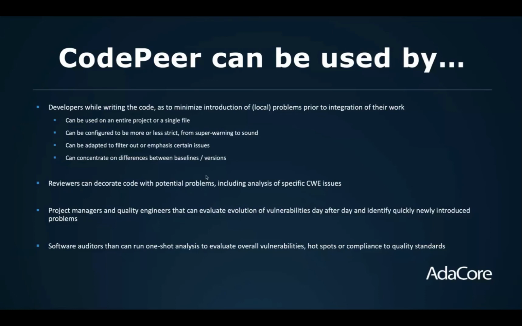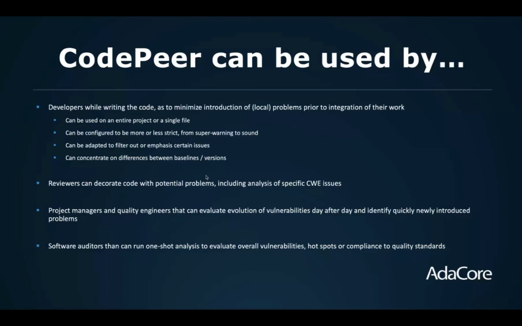You might be thinking, well, I have a legacy code base and I don't want to change anything in there, but I want to make some changes to this code base, or I want to add features. What you can do is run CodePeer on the legacy code using what's called baseline mode. This will create a baseline that all your future runs can compare against.